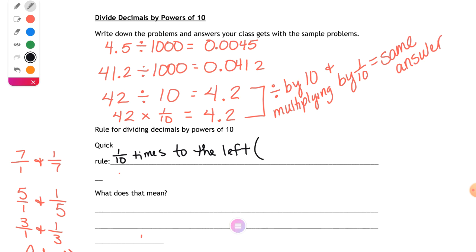So we're going to write this is the same as divide by 10. If you're multiplying by 1/10, it's the same as dividing by 10.